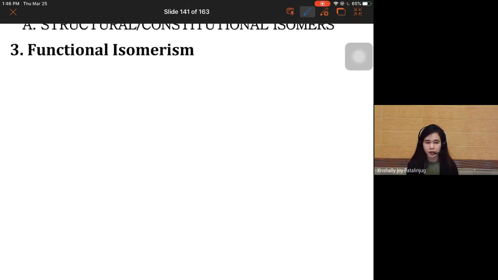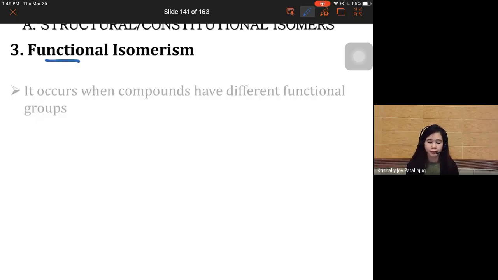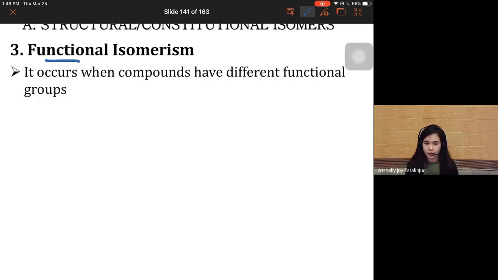Okay, let's have functional isomerism. From the term itself, functional, gikan sa term nga functional group. This isomerism occurs when compounds have different functional groups. So take note this time, ang isomers being presented may have same formula, but yung structure nagkakaiba dahil magkaiba mismo yung functional group being shown.